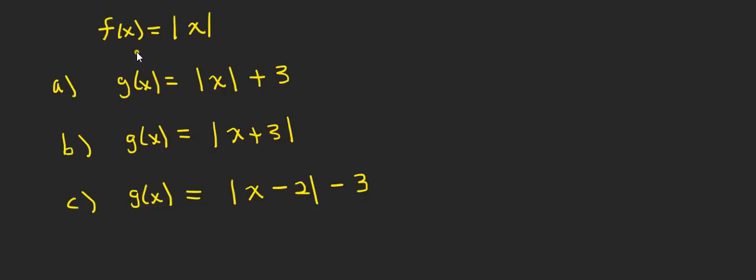So we have a parent function, f of x equals absolute value of x. How will g of x, which is absolute value of x plus 3, look compared to the parent function? Well, there's going to be a vertical shift. Everything is going to move up 3.